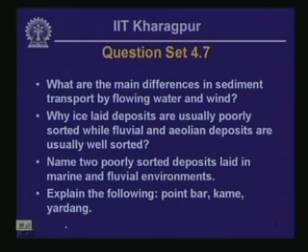Now the third part of the fourth question involves explanation of the word Yardang. This is also a long drawn out ridge, but in this case the erosional process responsible for development of this type of landform is basically wind erosion.